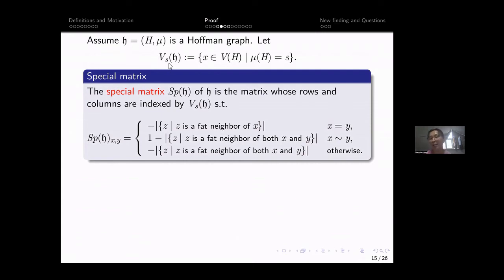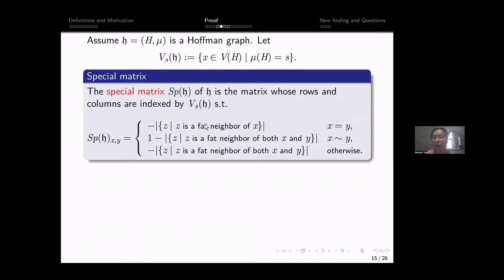We denote by VSH the set of slim vertices of H, and then we have the matrix related to the Hoffman graph, and we call this matrix the special matrix. The definition is as follows. The special matrix SPH is symmetric, but it does not have all 0 on the diagonal.